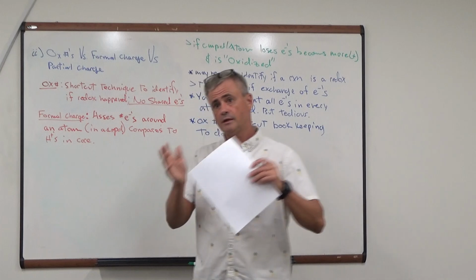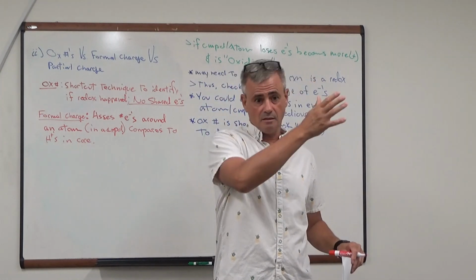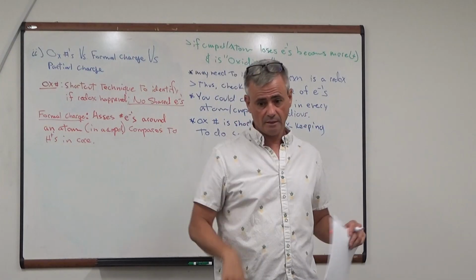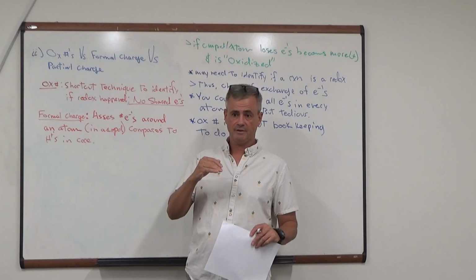And then you're comparing it to the number of electrons that are near in the periodic chart. If it's more, then it's a negative formal charge. If it's less, then it's a positive formal charge.